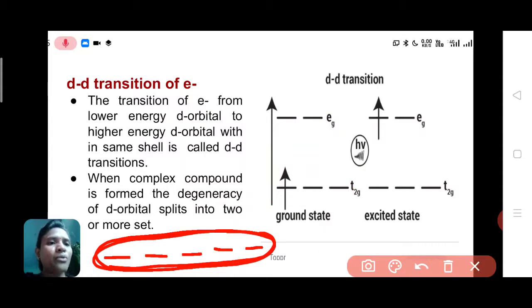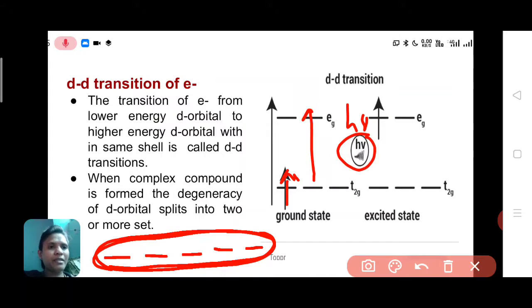Now see, when the electron present in lower energy level absorbs some amount of light, the light that is h nu, meaning light energy, this electron is promoted into the higher energy level.